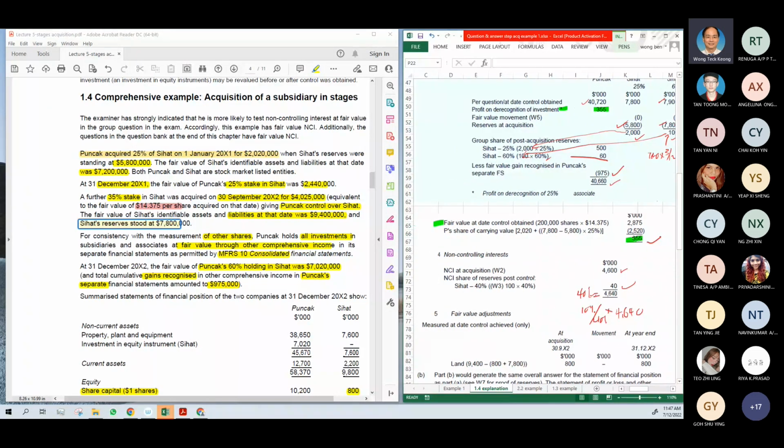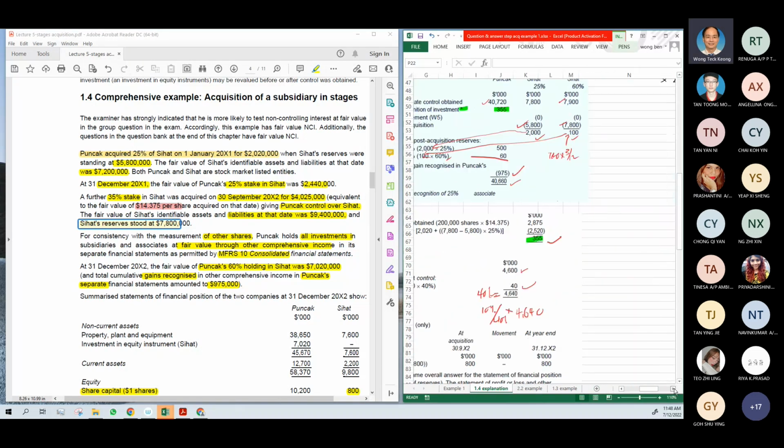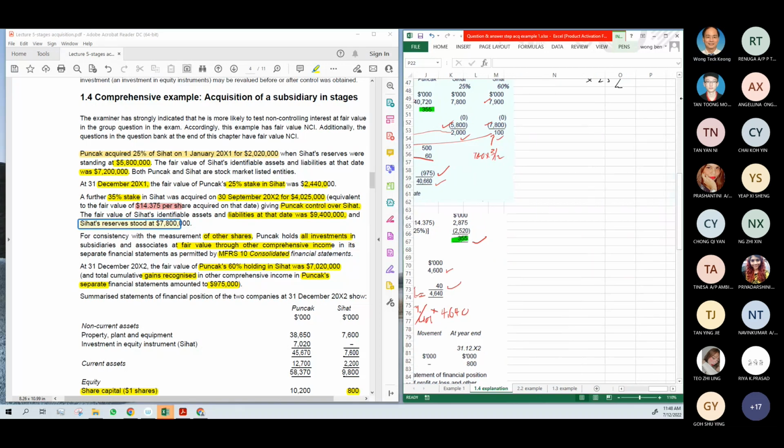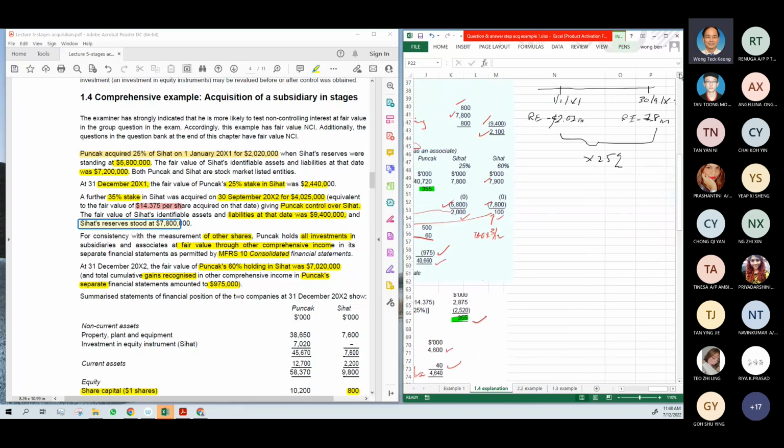How to get 355? Your previously held share, how much? But here we have to do one more work because of equity accounting for Sehat. So you pay 2,020 plus the profit of 25%. Remember equity accounting: you compare 7.8 minus 5.8. 7.8 is at 30th September. 5.8 is at the time you first bought the 25% interest.